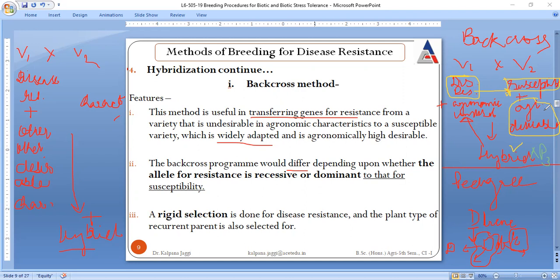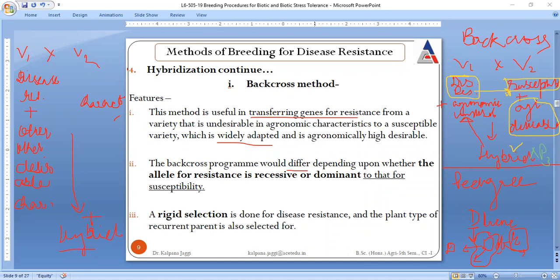You must have read this in your fourth semester also, while covering the methods of handling segregating generations. At that time the teacher would also have told you the basic concept of the backcross method, right? So here the backcross method differs depending upon whether the allele giving the resistant feature is recessive or dominant, relative to that for susceptibility. Very important.